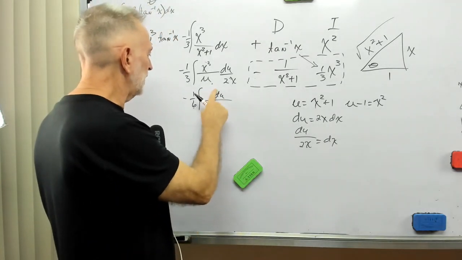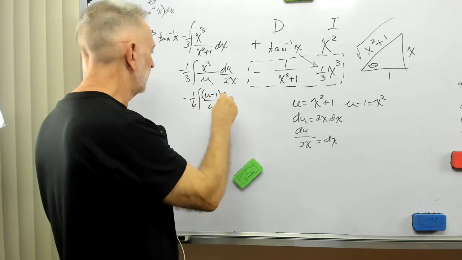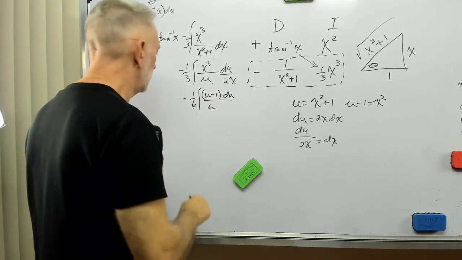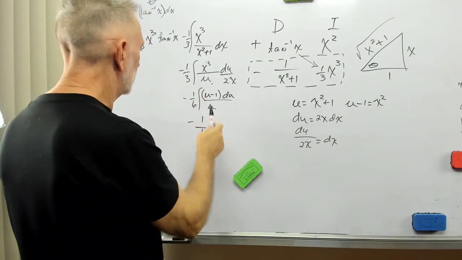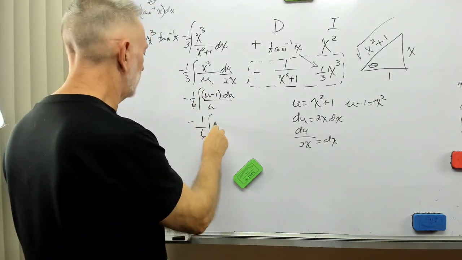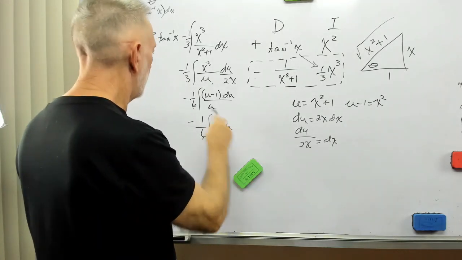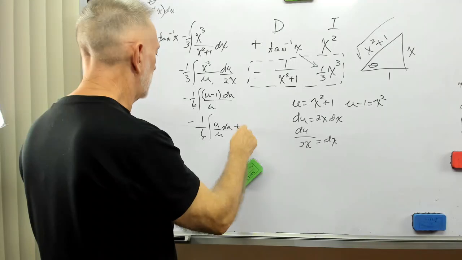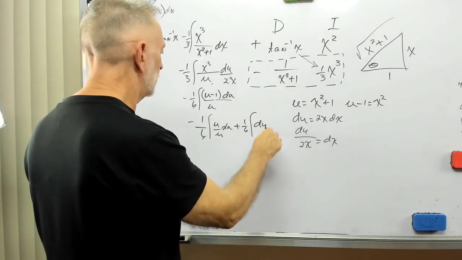So I can replace this x squared with u minus 1 du. So I now have 1/6 the integral of u minus 1 over u du. Negative, negative gives me a positive 1/6 the integral of du over u.